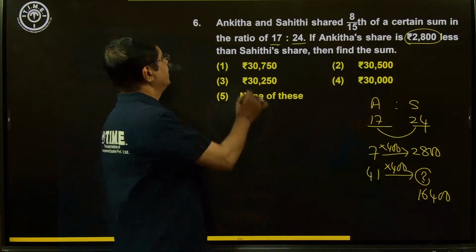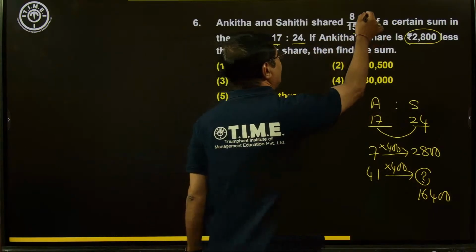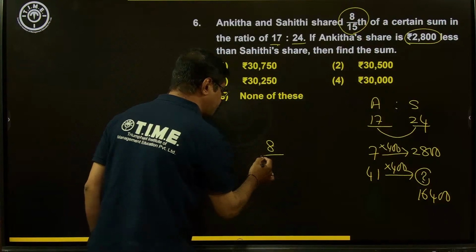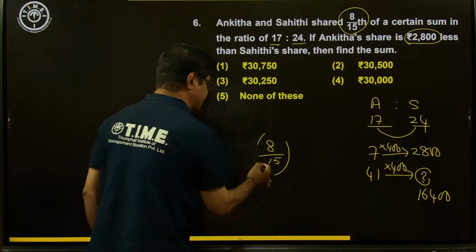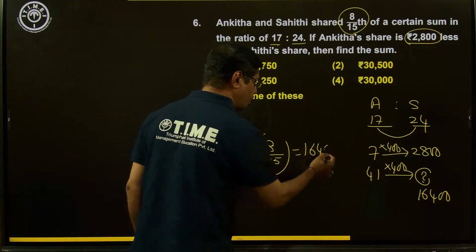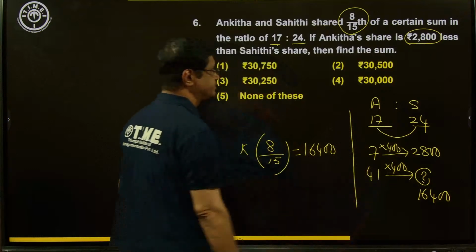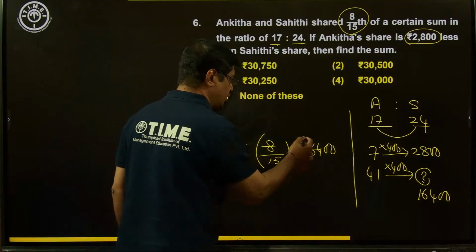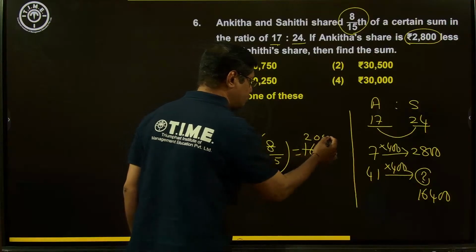Dear students, Ankita and Sahiti shared only 8/15 of a certain sum. 8/15 of a certain sum is equal to 16,400. Then find the sum. 8, it goes how many times here? 2050 times.